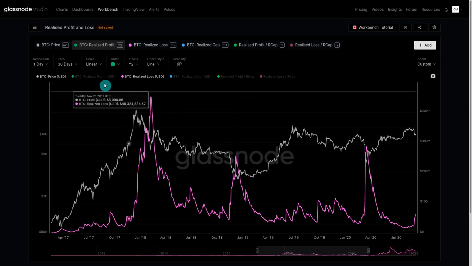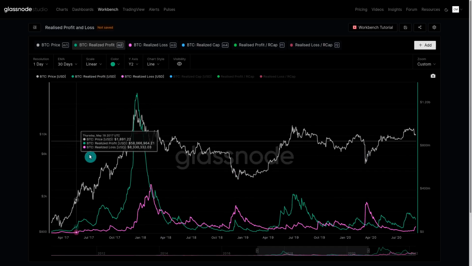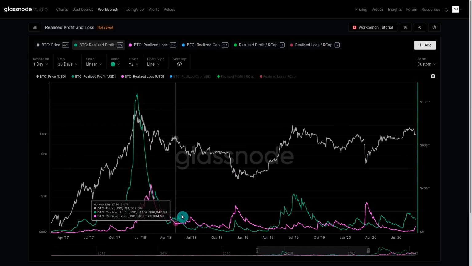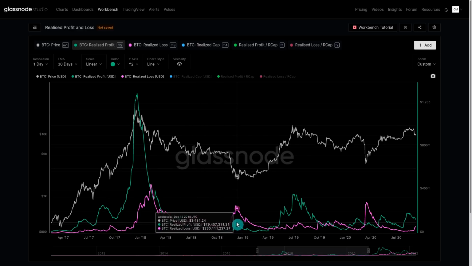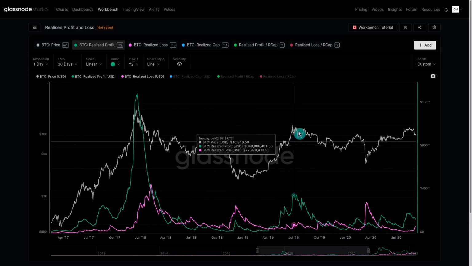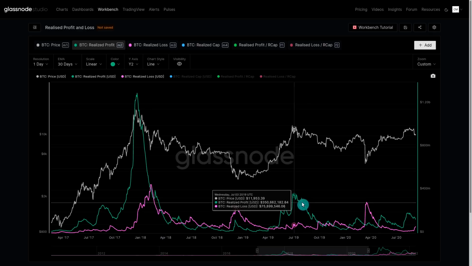Now, we also spoke about how older coins are flushed out as well. And you can actually see, note how realized profits all through the bear declines until we even get realized losses getting flushed out, realized profits flushed out at the bottom at the same time. So note here that at the top of the 2017 market and the 2019 market, it was mostly profits.